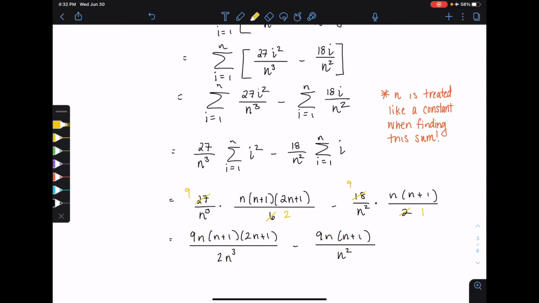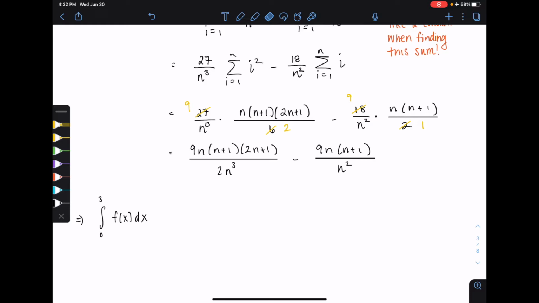If I take 1,000,000 subintervals, I would plug in 1,000,000 for n, and that gives me the sum for all of those rectangles. Okay? To find my true area, I want this number of rectangles to go to infinity.